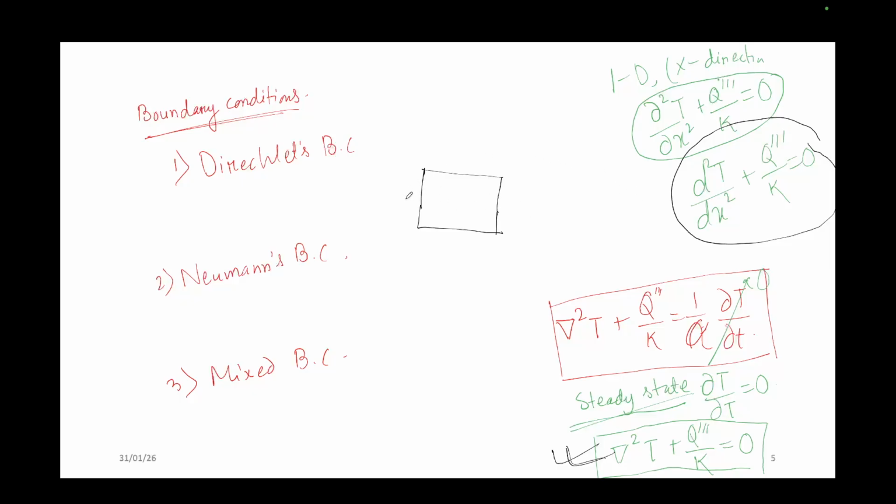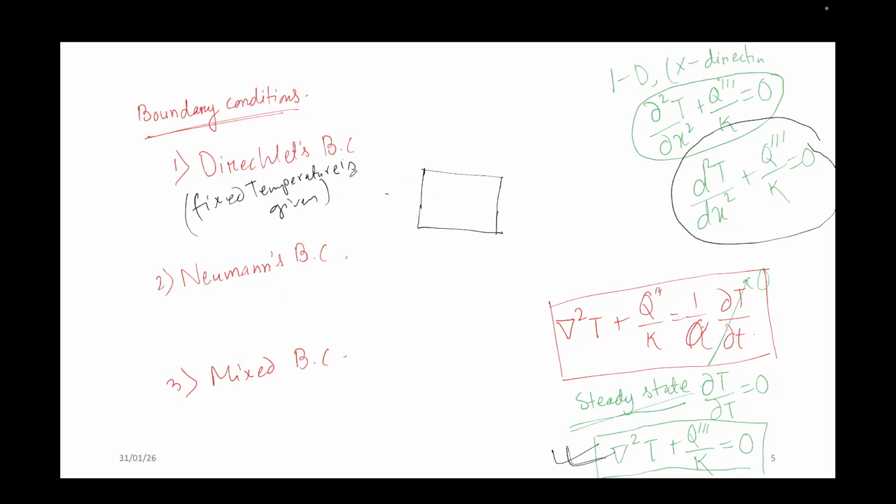Say this boundary condition basically means if we are supplying the heat, in the Dirichlet boundary condition, you basically have a specific value given, say a fixed temperature is given.